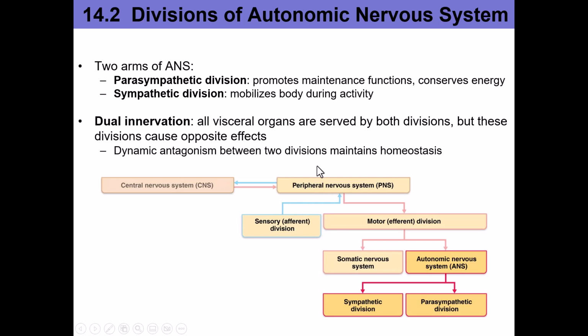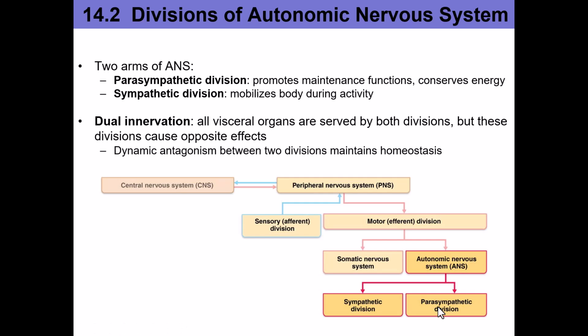It says here, all visceral organs are internal organs. All visceral organs are served by both divisions, but the divisions cause opposite effects. And because of this, that means that each of these divisions has to talk to the target organs separately.